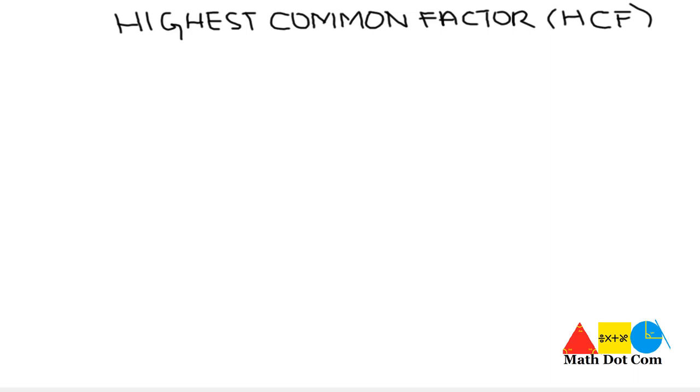Here we start from the definition of HCF, as we get clarity of a concept by its definition by means of examples.